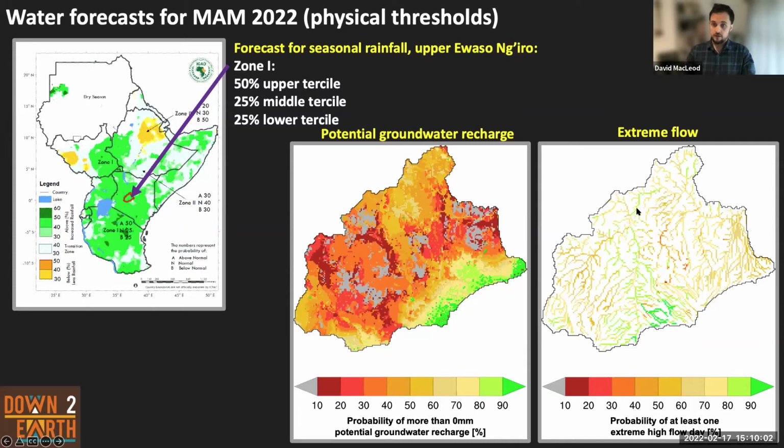In other regions the probabilities are lower, still above 40%, above 50% in the east. And then there are parts of the stream where our experimental forecast is saying that even though the probability of upper tercile is 50%, there's still less than 20% chance of at least one extreme high flow day. We're not saying the chance is 0, but it's reflecting that spatial difference in the normal occurrence of extreme flow.